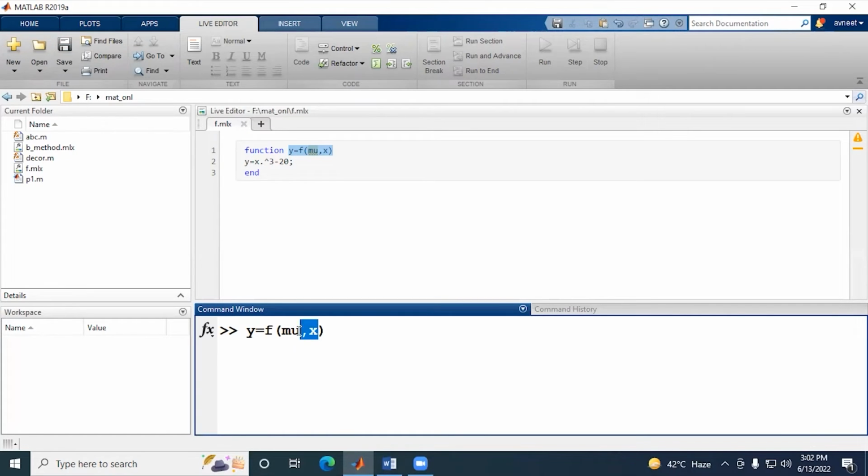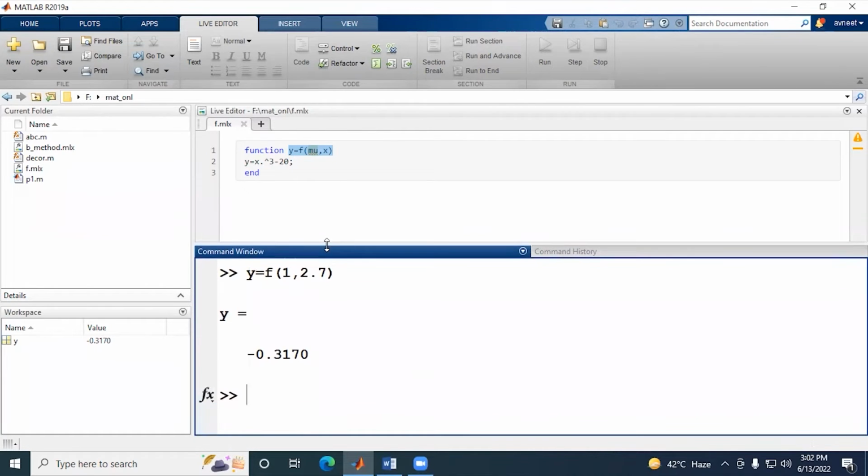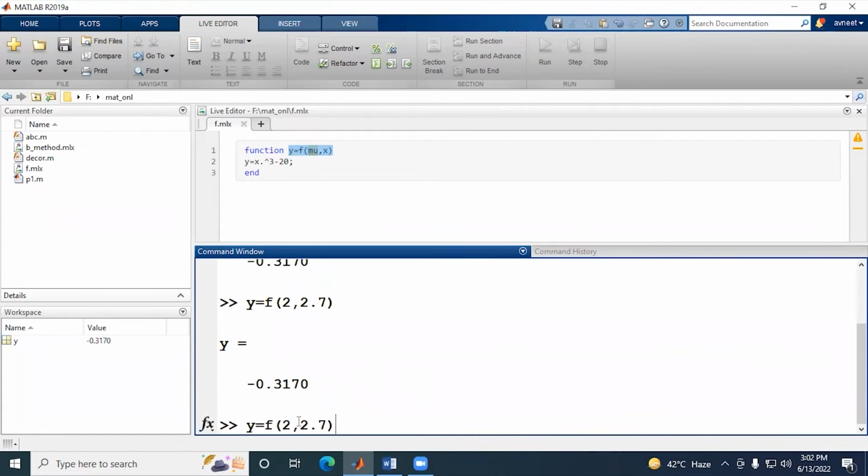Change the values of mu or x. Let's say mu is 1 and the value of x is 2.7. Calculate y for me. Okay, here it is. You can change mu to 2 or 5, or change x to 2.8.